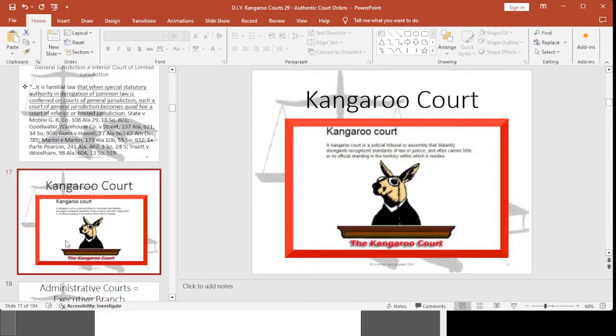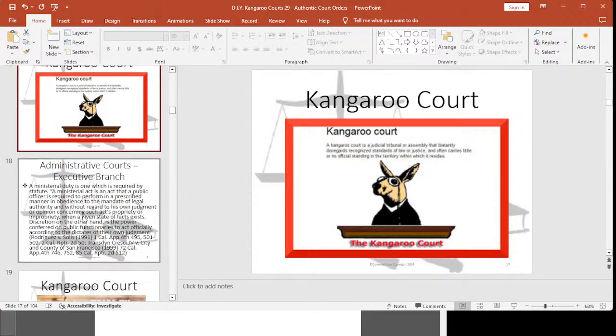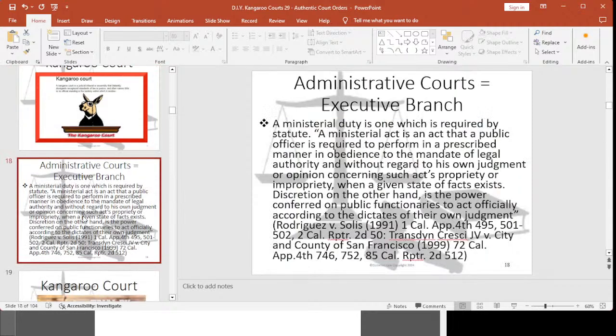If you're legitimately involved in commerce, but they just presume you are and railroad you, most people have no idea what's going on. That's why I call it a kangaroo court. That's why this whole series of presentations is called kangaroo courts, because they're all kangaroo courts. A ministerial duty is one which is required by statute.